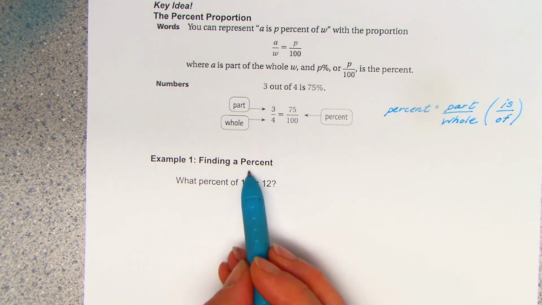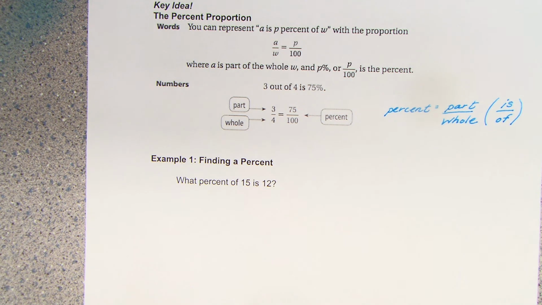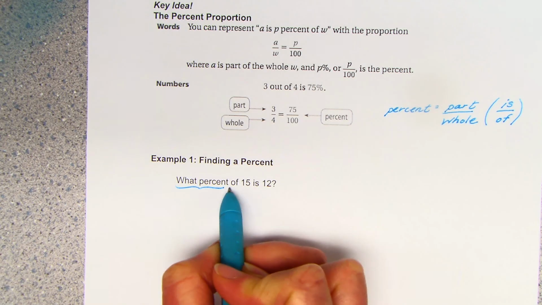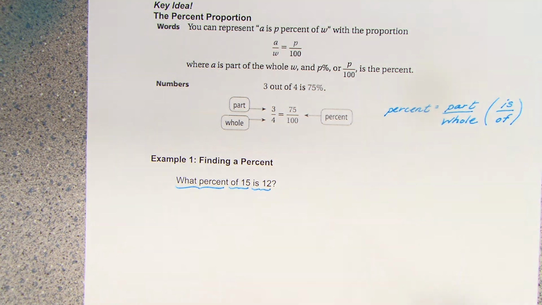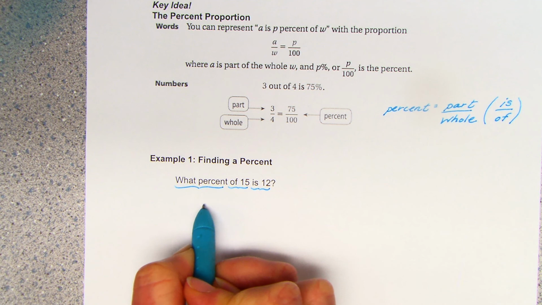When you want to find the percent, it'll be a problem like, what percent of 15 is 12? So I want to find what percent, and then I have of 15 is 12. The first thing I do always is to find the percent. It says what percent, so that must be what I'm trying to find out.